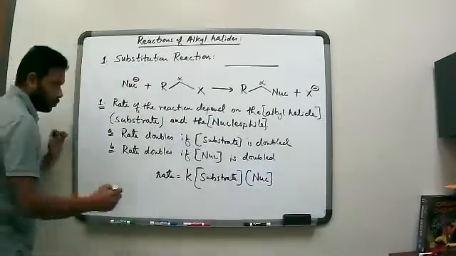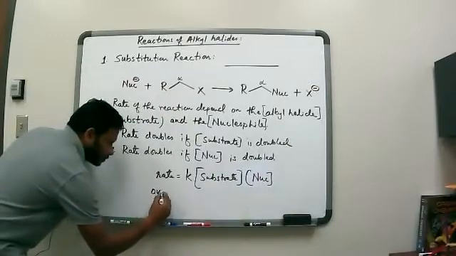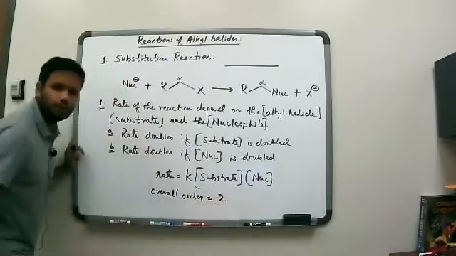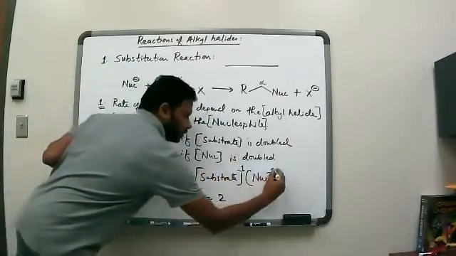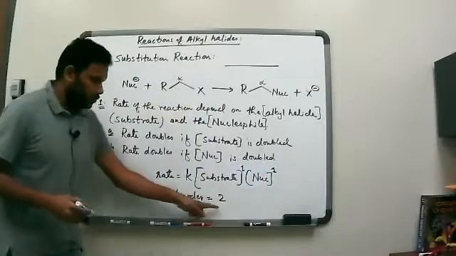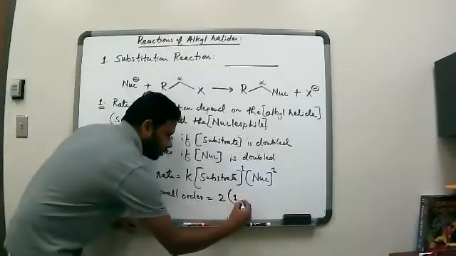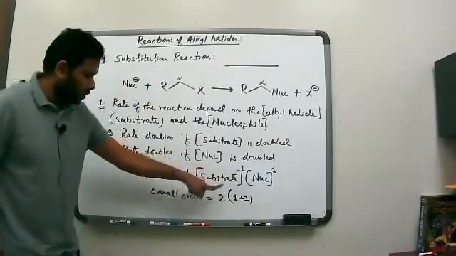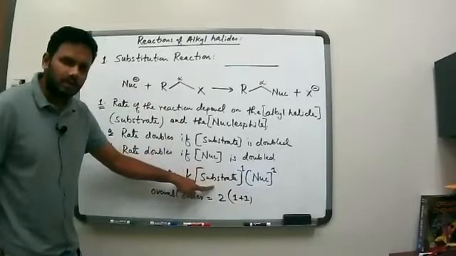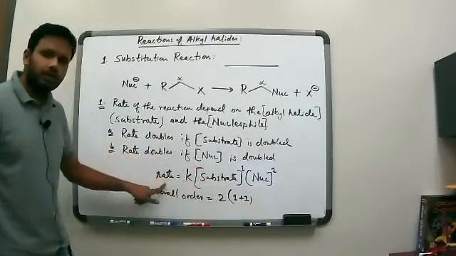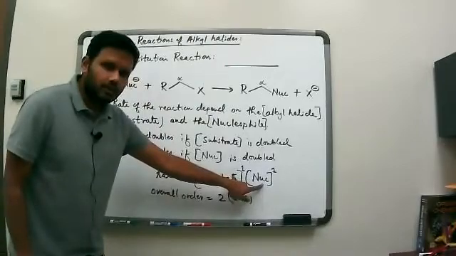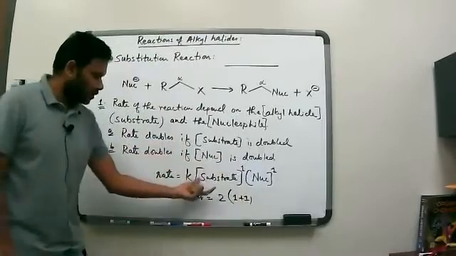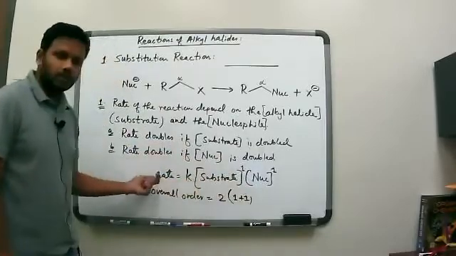The overall order for the reaction is 2, because it is 1 here and 1 here, so 1 plus 1. This explains why, when you double the concentration of the substrate, making it 2x, the rate doubles. If I double the concentration of the nucleophile and keep the substrate the same, the rate still doubles. If I double both, the rate is going to quadruple.